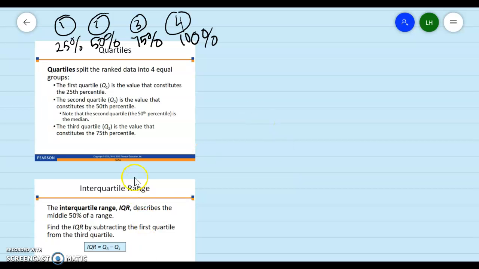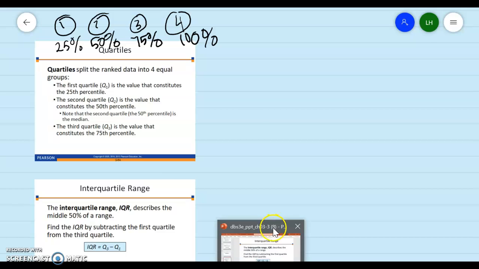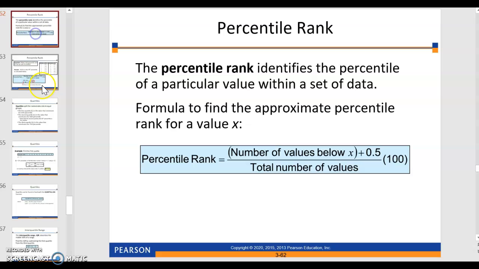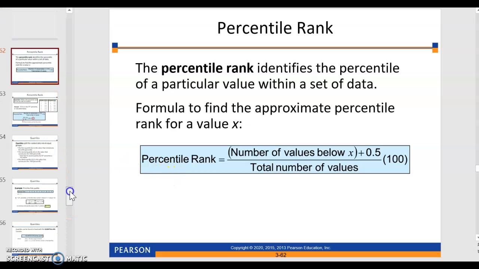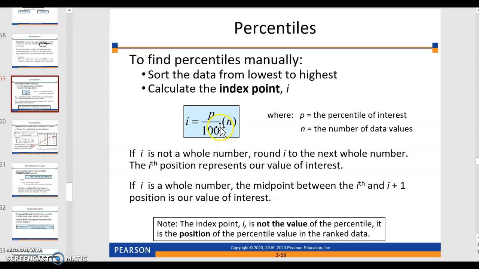So if they ask you to find your 4 quartiles, you're going to work this just like you did before. You're going to look for the 25th, 50th, 75th, and the last one, the 100. So let's go back for a minute and look at our formula for the percentile.